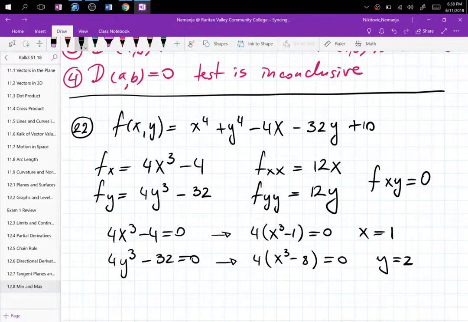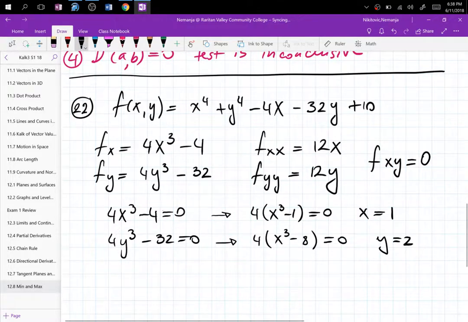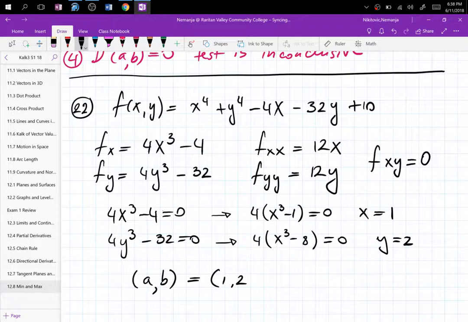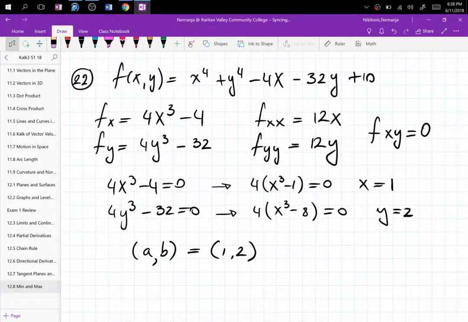Yes, there is only one critical point in this case. It's 1, 2. That's what I got. And everyone else gets the minimum. That's what I got.